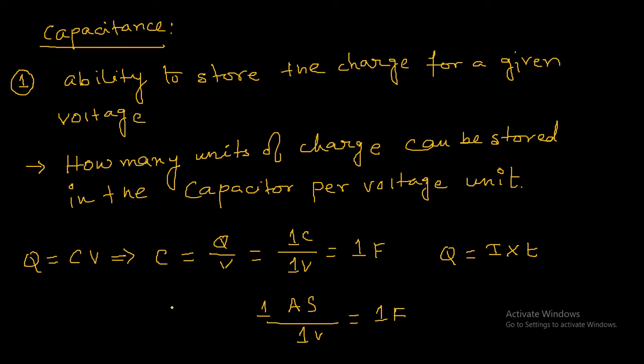So let's say I have one capacitor and I have applied 1 volt across it. Now if it stores 1 coulomb of charge, then 1 coulomb per unit volt is 1 farad.